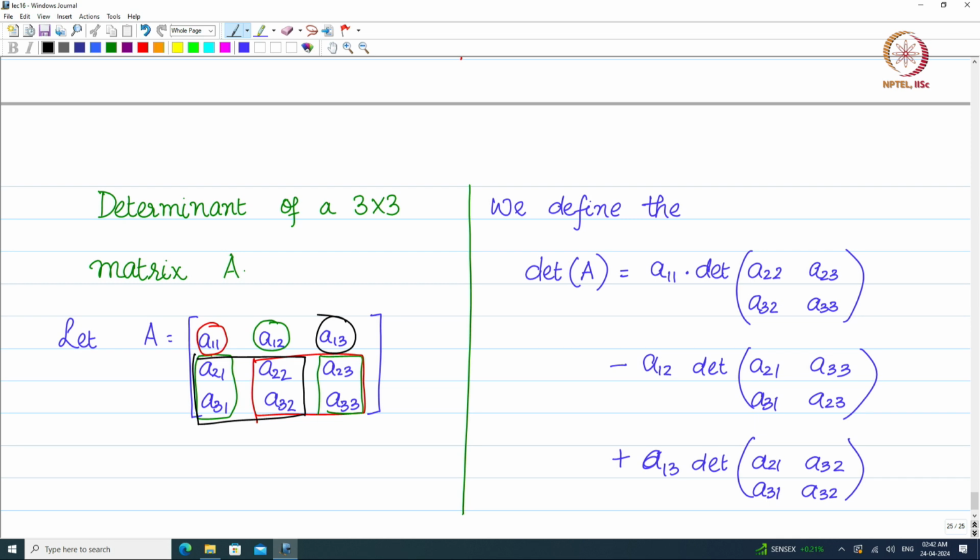This is how we define the determinant of the matrix. This is typically what we call the cofactor expansion.